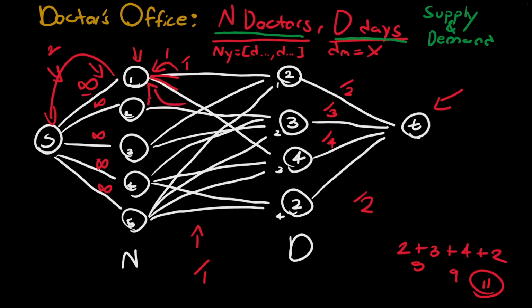Even though we have infinity here, it won't overcount any connections, because we're bottlenecked by the schedule that doctor has for that day. So that's why we can put infinity at the beginning, but you can alternatively put the capacity to be 2, because we know we only have 2 days to work with. It's up to the programmer what to put there.